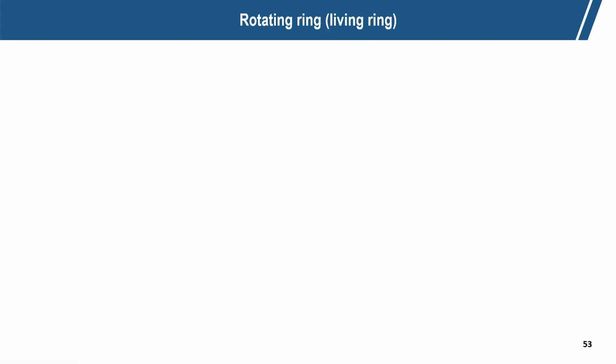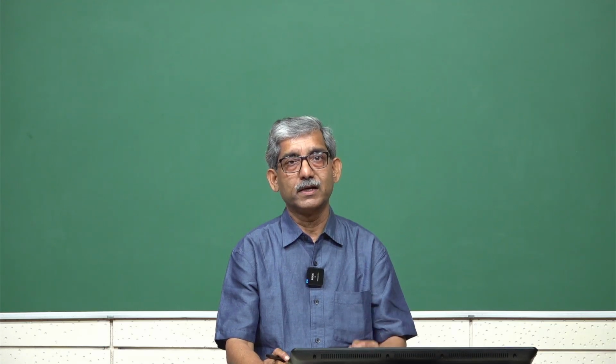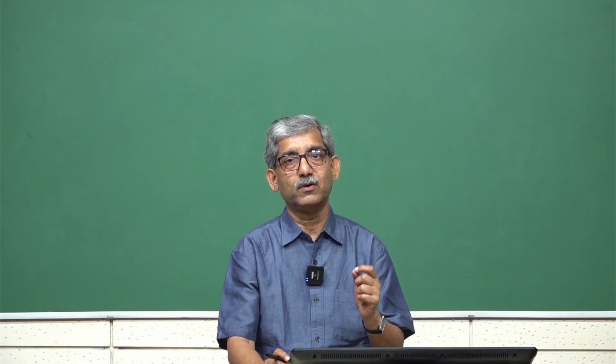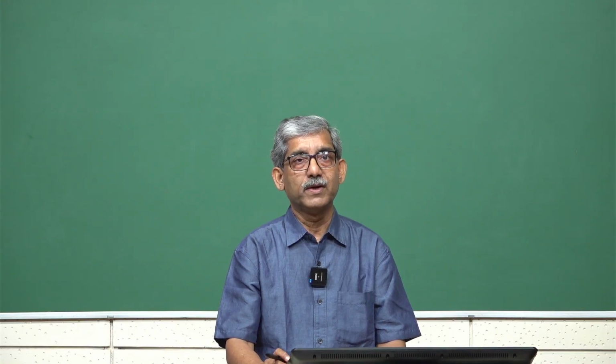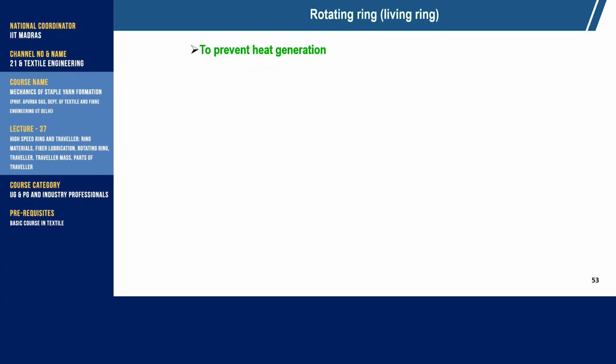Another development in ring spinning is the rotating ring, which has not been successful commercially. It is meant to prevent heat generation. Basically, with a ring and a traveler, the relative movement of the ring and traveler is what generates the heat.